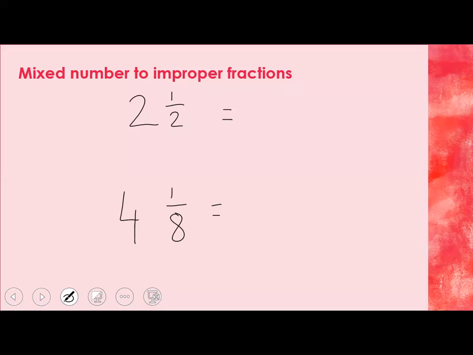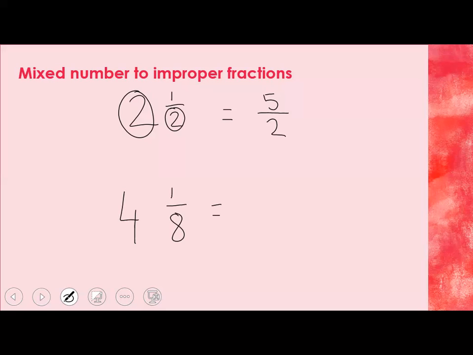Okay, welcome back, and well done if you were able to work through those. So what we have first is 2 and 1/2. Now, first thing I need to remember is the denominator stays the same. The denominator is always going to stay the same. I need to multiply the whole number by the denominator. 2 times 2 is 4, and add the 1 is 5.